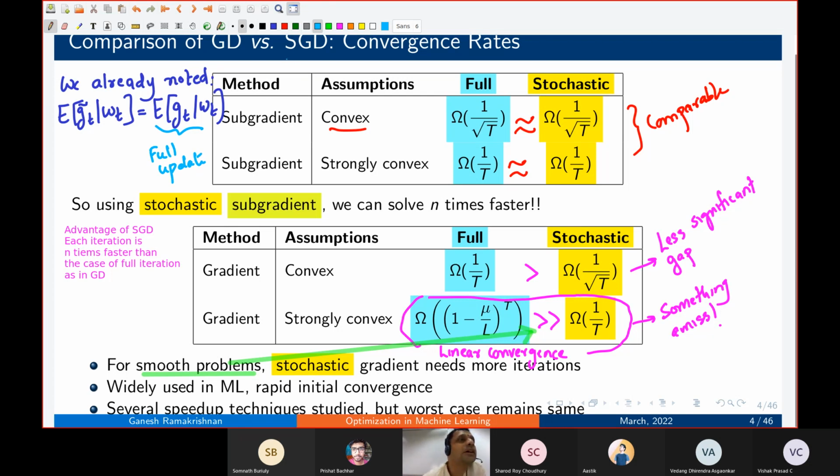Whereas what we have on the left hand side is the expectation based on sampling uniformly at random. That's an assumption.